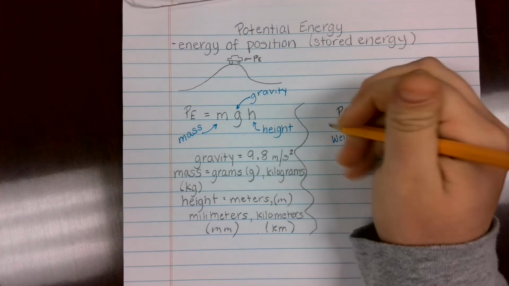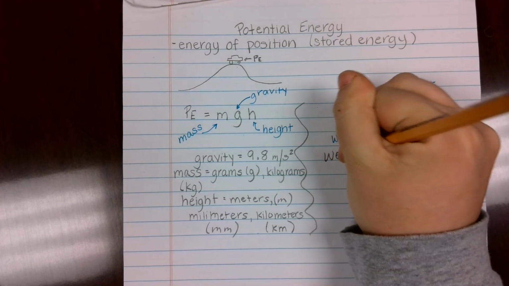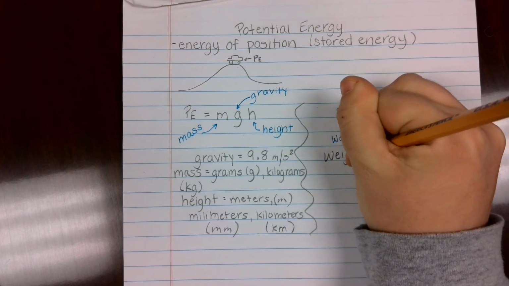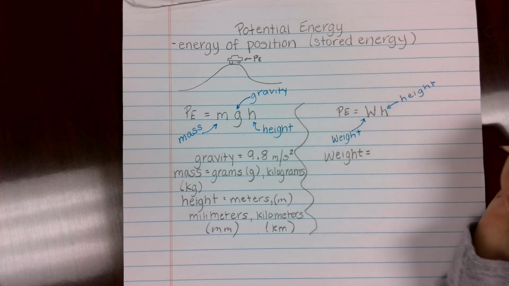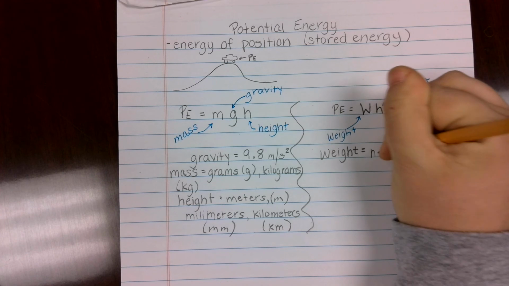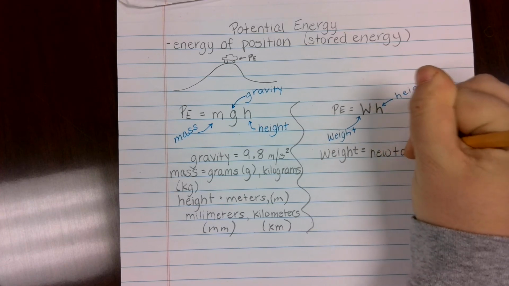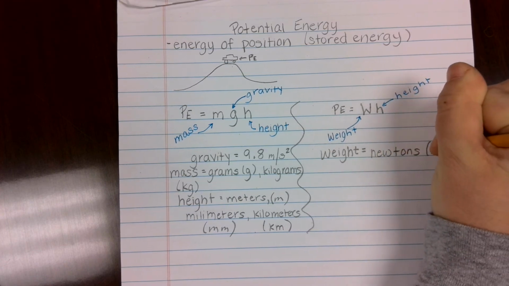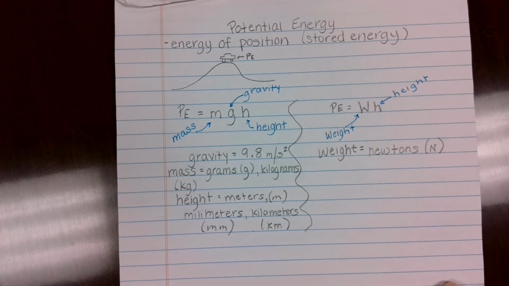However, weight is not measured in the typical pounds that we use, for example, when you go into a grocery store and stand on that scale at the front. Our weight is going to be measured in newtons, which is usually indicated by a capital N.